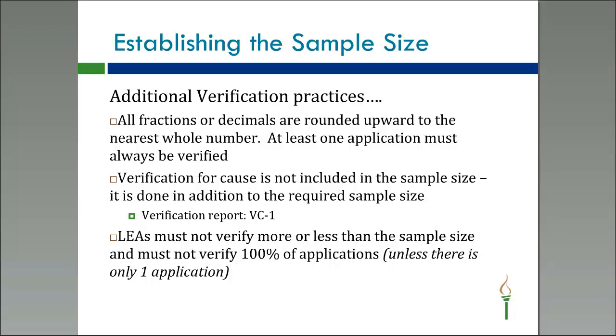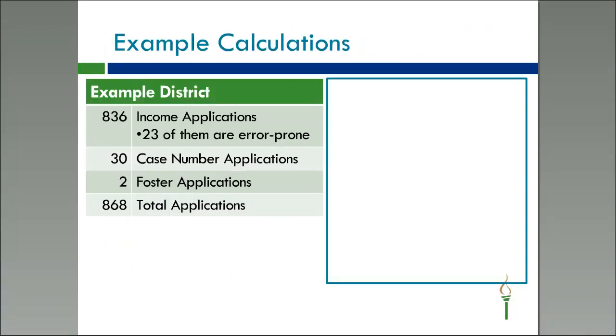It's done in addition to your normal verification process. We'll talk a little bit more about verification for cause later. And you must not verify less than or more than your sample size. So don't go ahead and just verify all of your applications. You must only verify your required sample size.